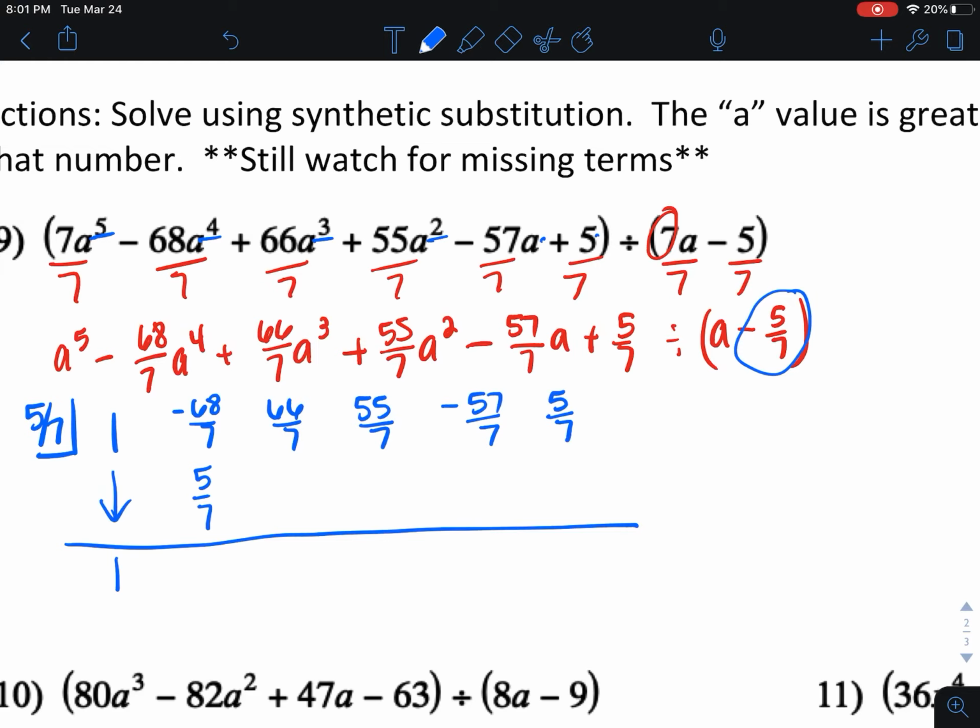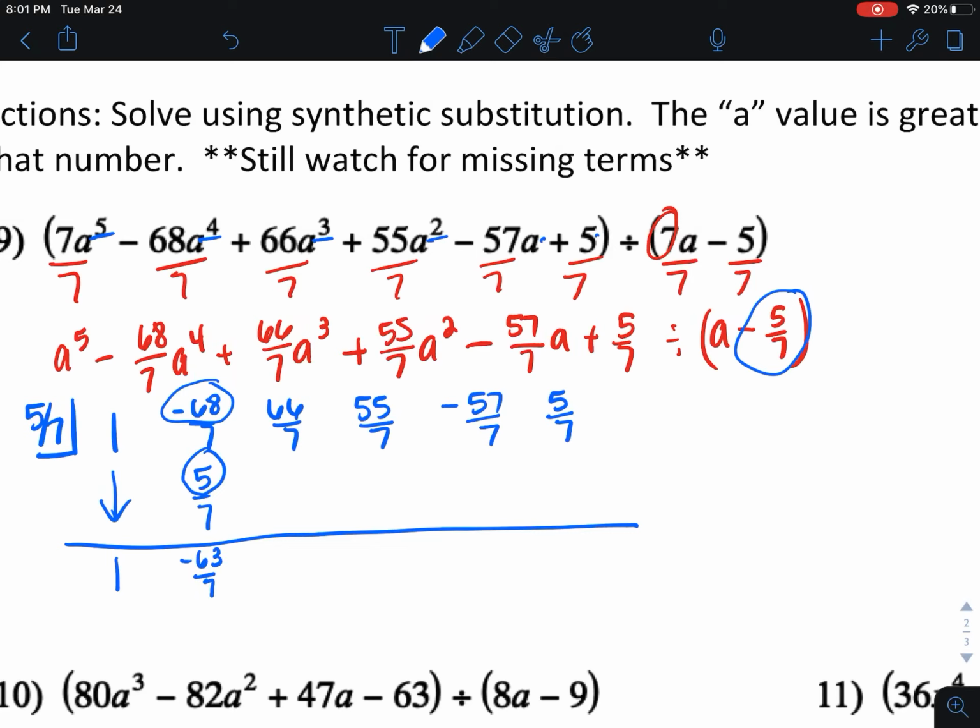So all you do is look at the top of each one. I'm going to do negative 68 plus 5, and that gives me negative 63 over 7.